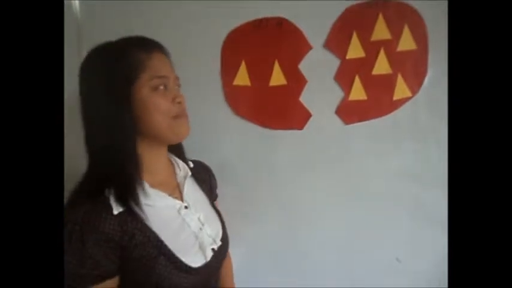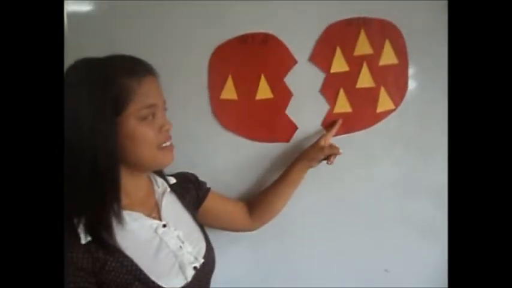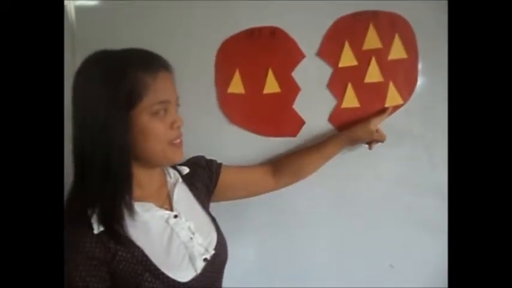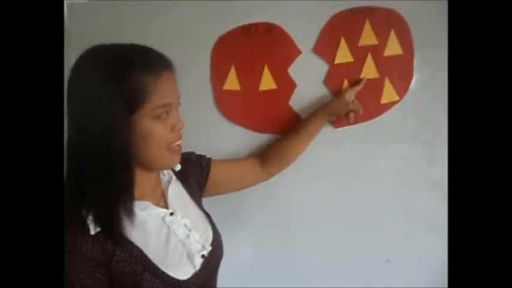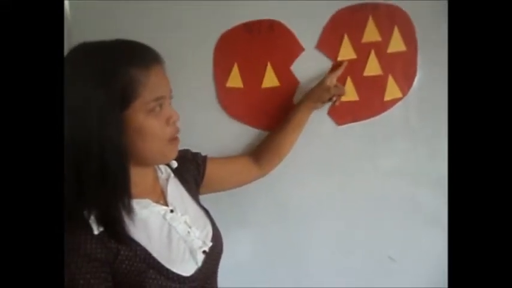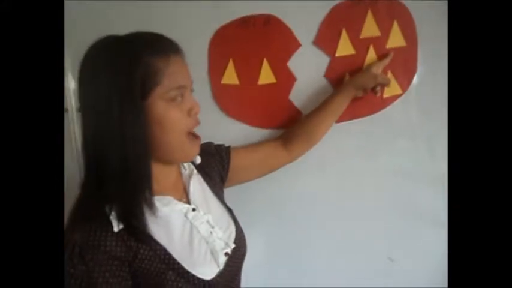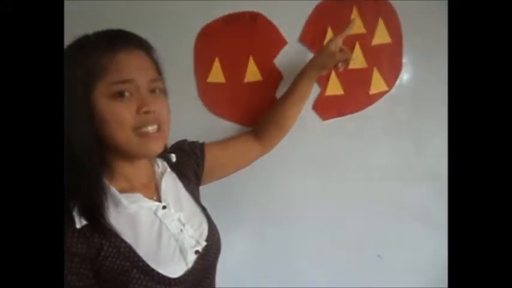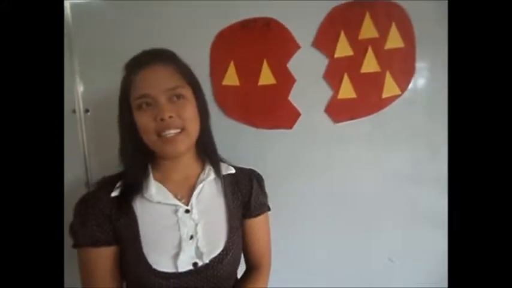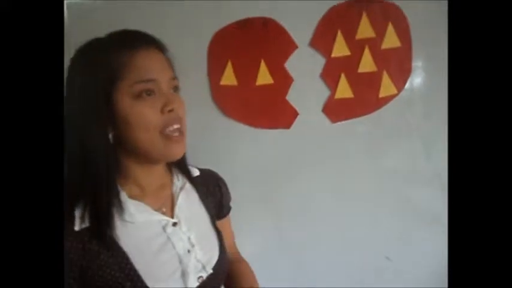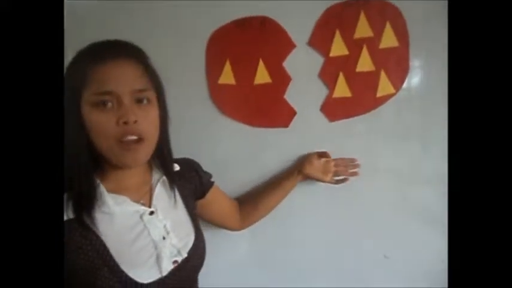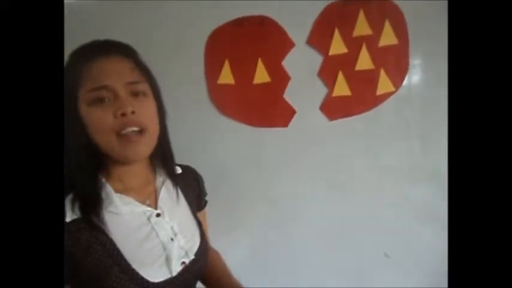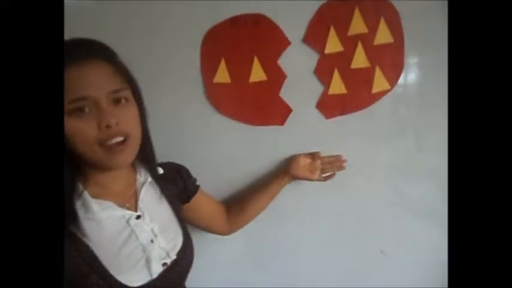Let's count. 1, 2, 3, 4, 5, 6. In set B, there are 6 triangles. Now again, we have to compare these two sets in order to fix this heart.